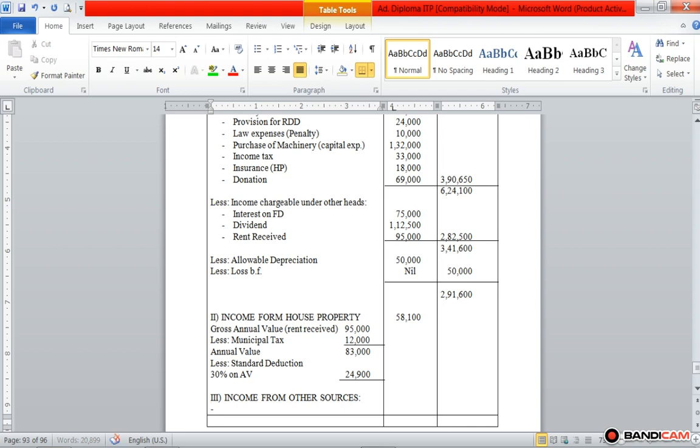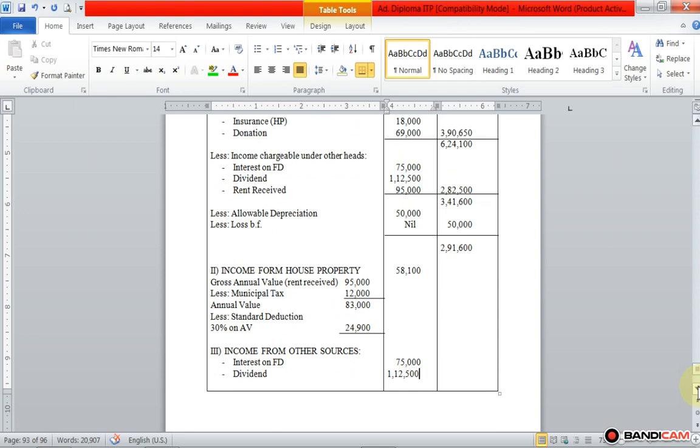Here only two incomes are earned from other sources: interest on FD amounting to rupees 75,000, and dividend amounting to rupees 1,12,500.